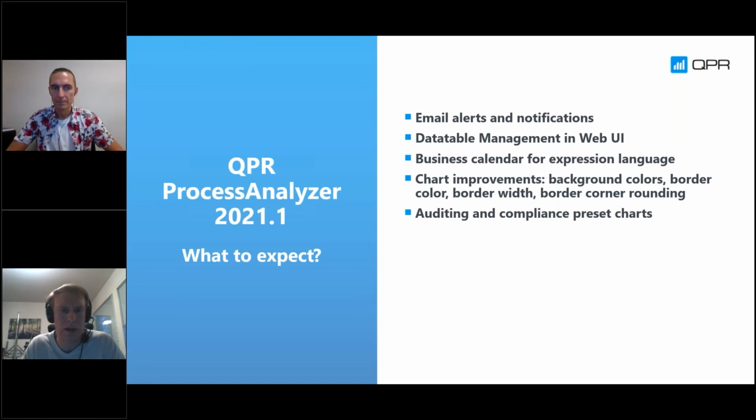So we will have this possibility to manage the data tables, and data tables are one type of basic entities in the system. So basically all the data are located in the data tables, so the event log data, and you can also use it for the ETL, so for some staging tables, for example.